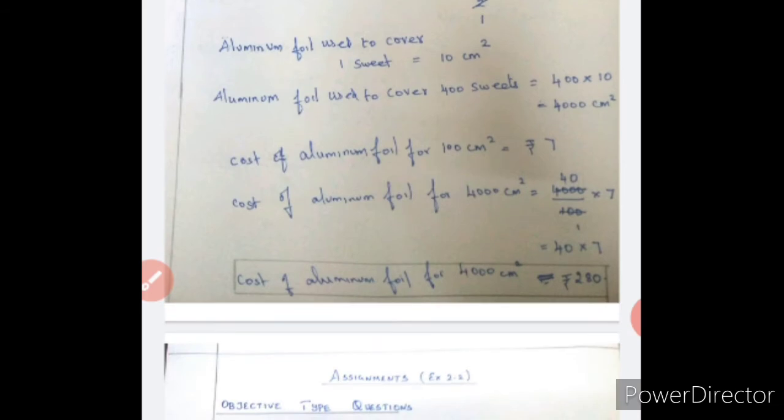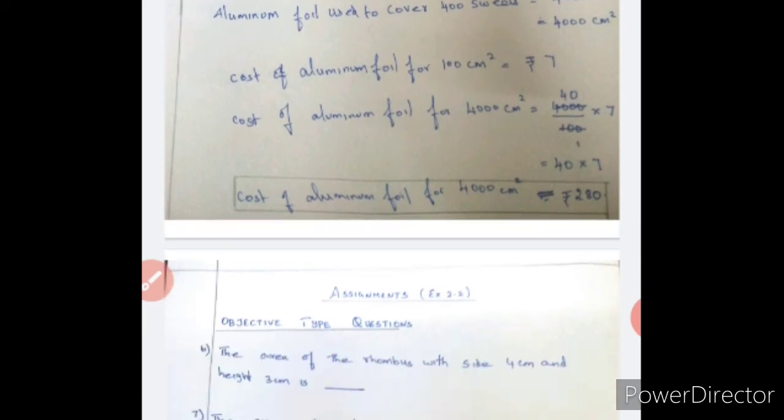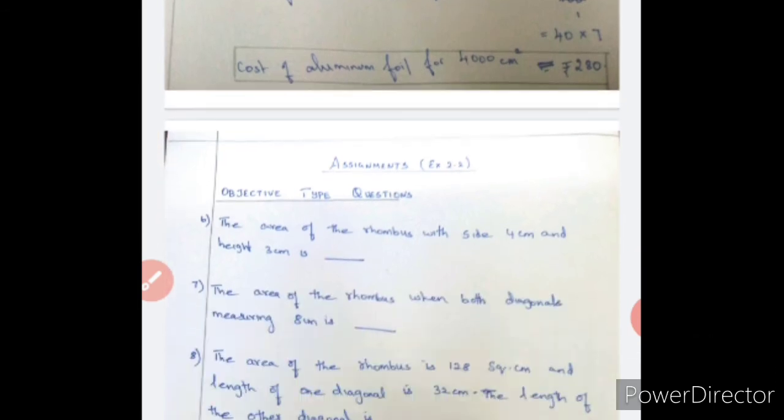So totally we need to find the cost of aluminum foil for 4000 centimeter square, equal to 4000 divided by 100 into 7. So in 100 table, 4000 will come as 40 times. Now 40 into 7, so rupees 280. The cost of aluminum foil for 4000 centimeter square is equal to 280.